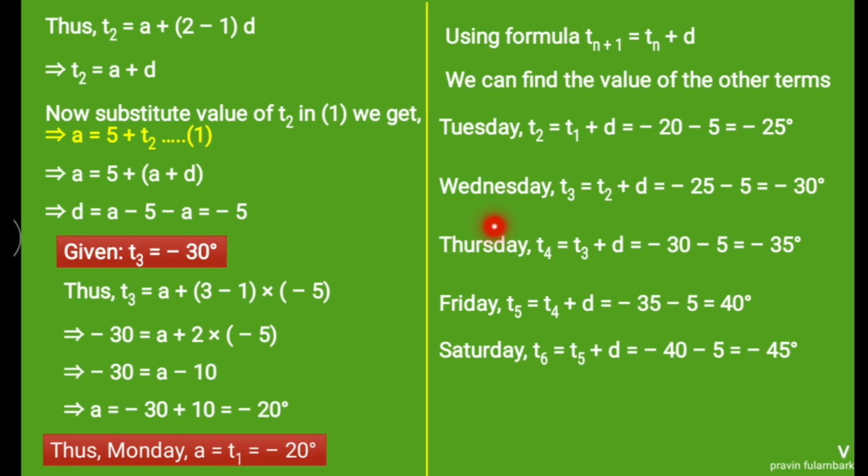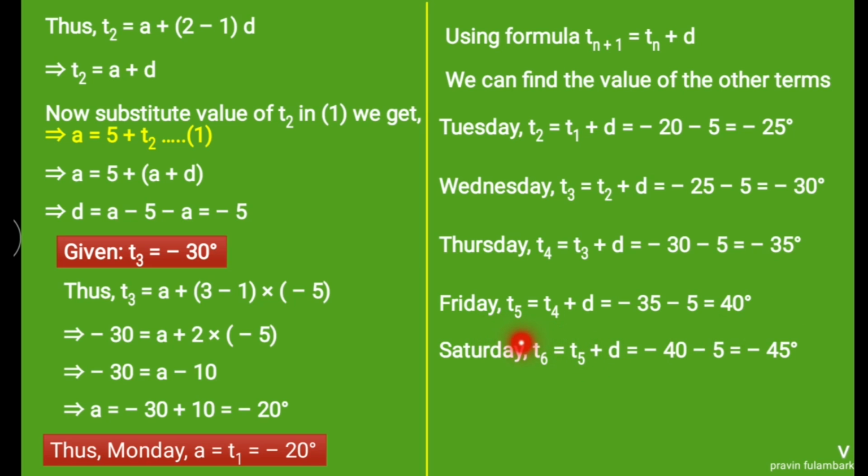Similarly, Wednesday, T3 equals T2 plus d, which is minus 25 minus 5, so minus 30 degrees Celsius, as given. Thursday, T4 equals T3 plus d, so minus 35 degrees Celsius.